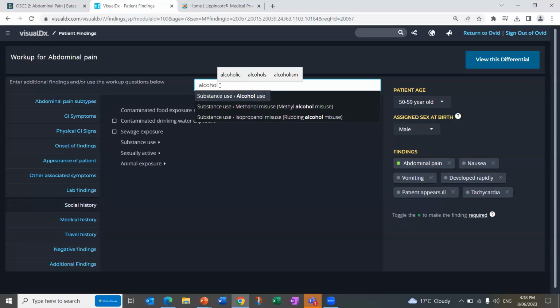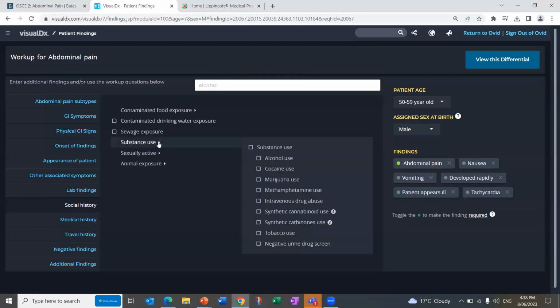So perhaps we know or we have experienced before that the patient does drink and perhaps they also smoke as well. So I can begin to type in perhaps that this patient uses alcohol. This is also something that we could have entered from here as well. So the sorts of options that are available to us about substance abuse are here as well on the screen. So alcohol use is definitely a part of what we're going to look at for this particular patient.